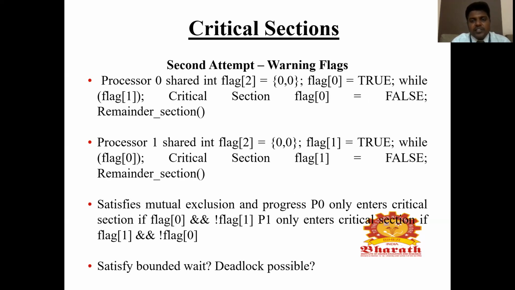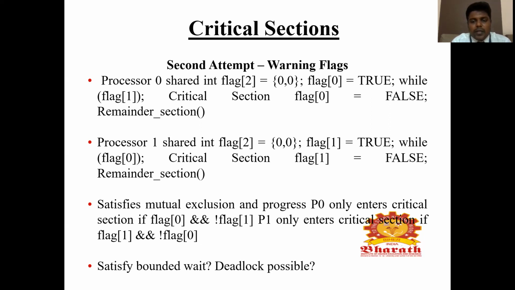The second attempt is creating warning flags. Two processors are again involved to enter into the critical section. Here we are implementing a flag, which is nothing but a warning flag, where flag of 0 equals false, and for processor 1, flag of 1 equals false. So this satisfies mutual exclusion and progress.